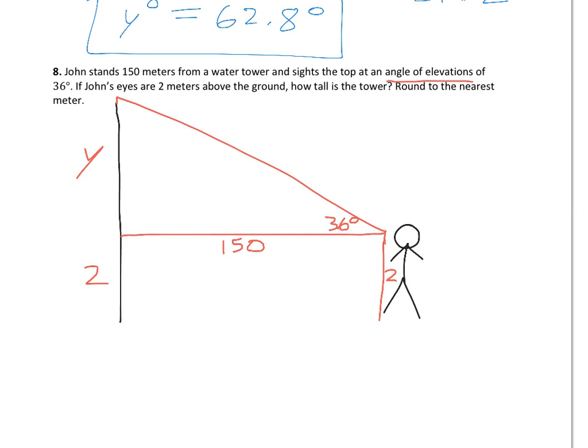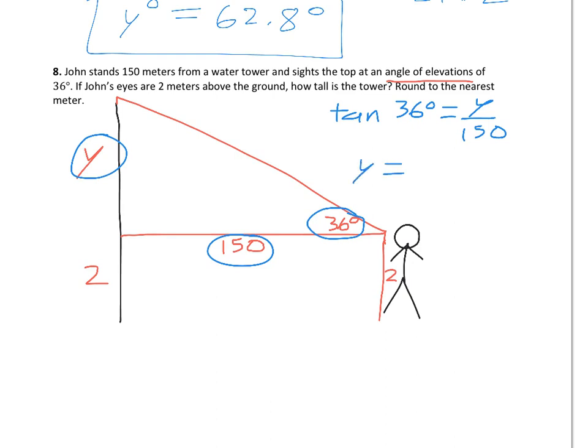Looking at that diagram, we want the opposite of the 36 degrees, and we have the adjacent, so we're going to use tangent. Tangent of 36 degrees equals opposite over adjacent.